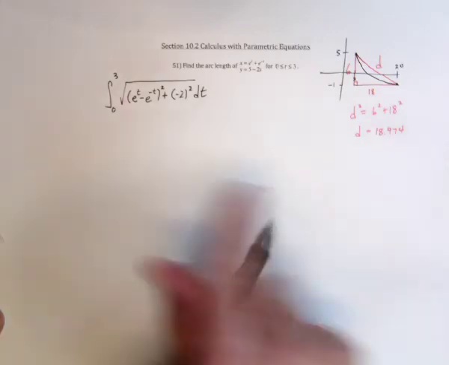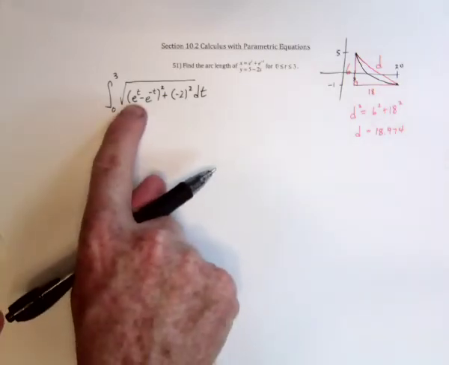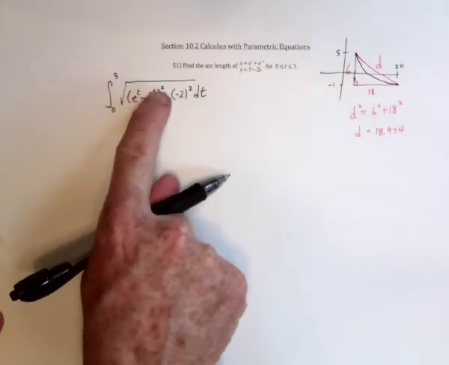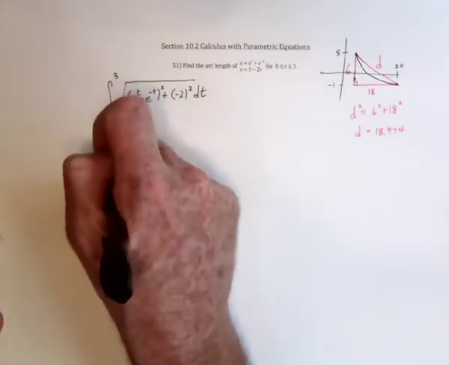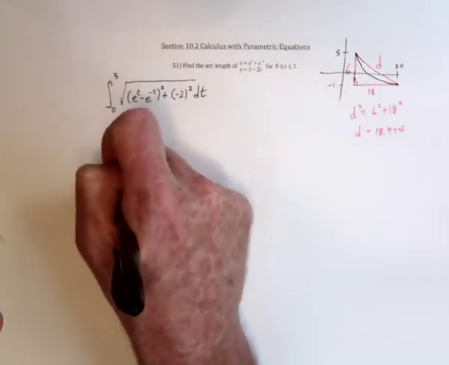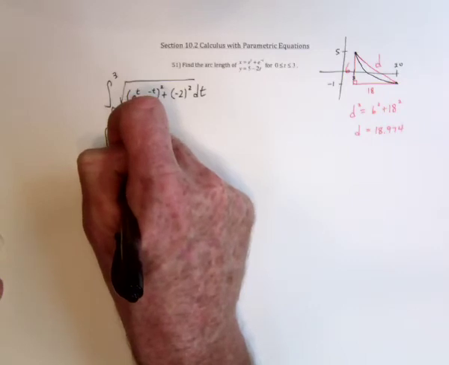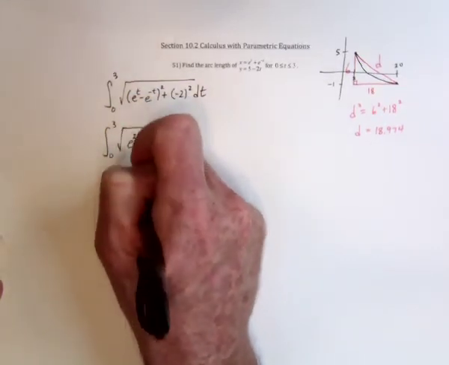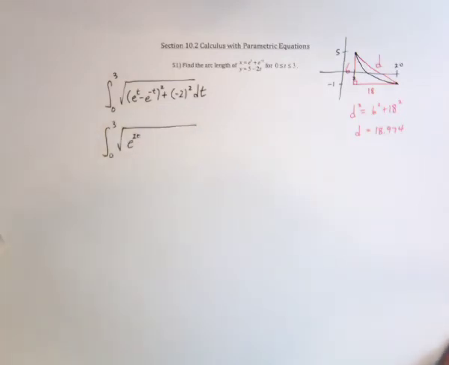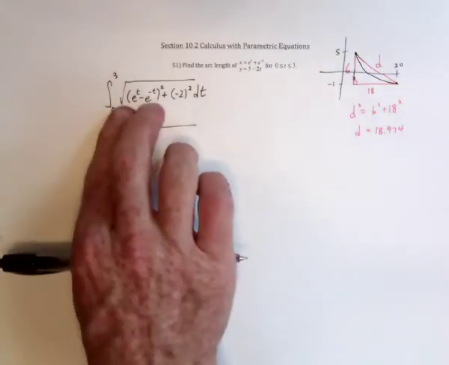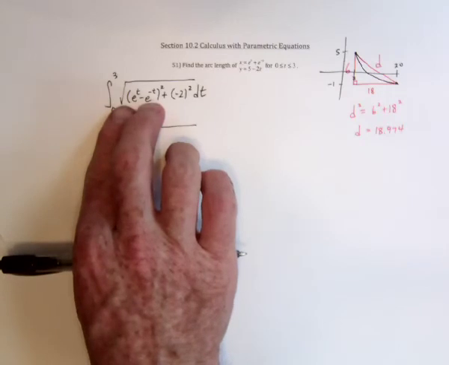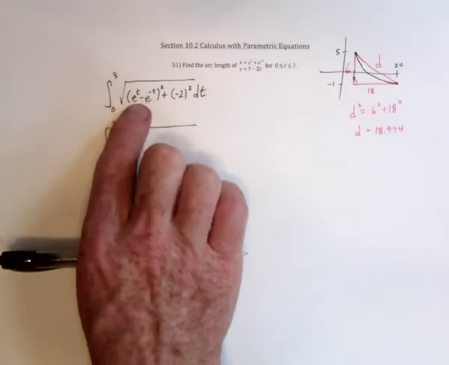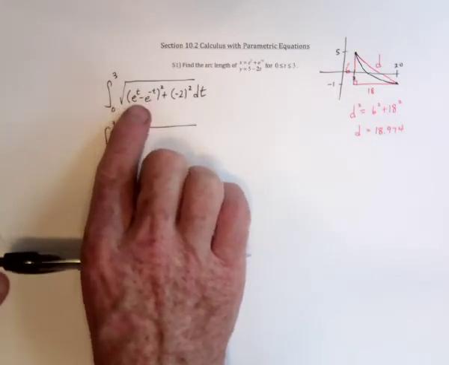Okay, then we need to multiply this out. So if you have this raised to a 2, you multiply the exponents. So that's going to be e to the 2t. We then need to multiply these two things and double the answer. When you multiply the two, the exponents are going to cancel. You get e to the 0, which is 1. In fact, negative 1. Then we need to double that, so negative 2.